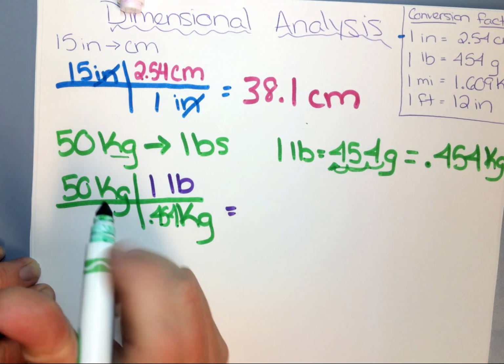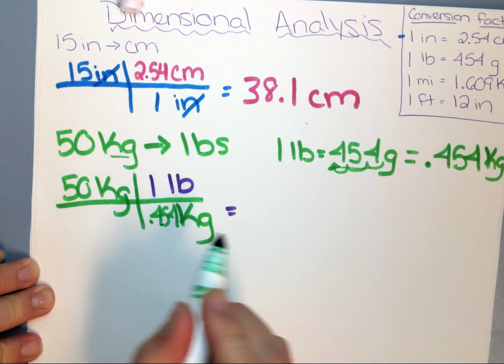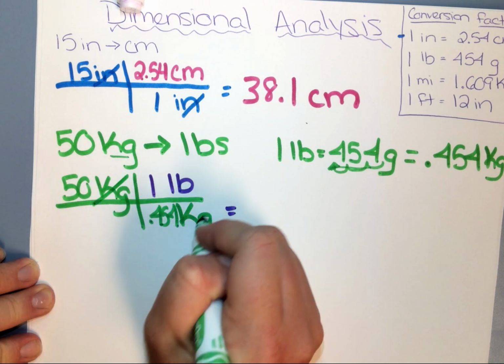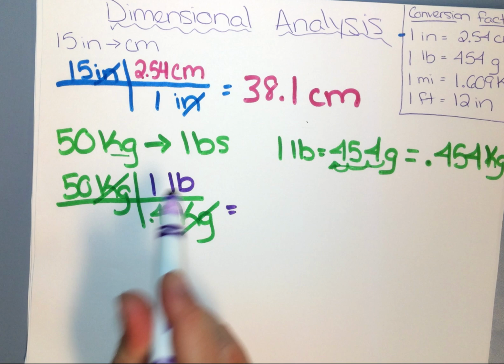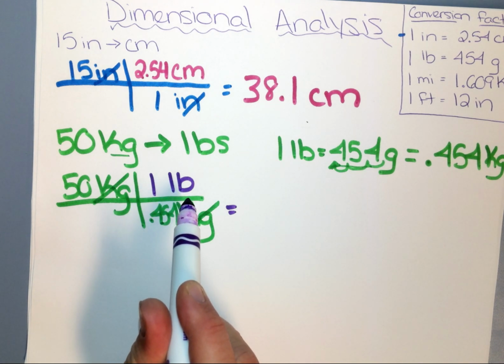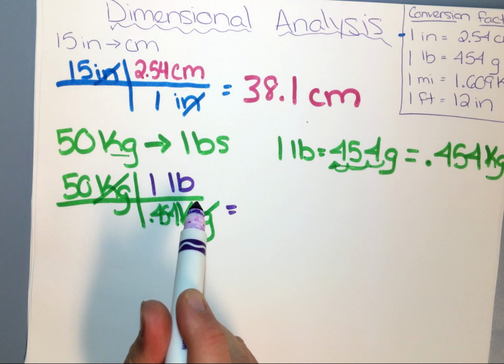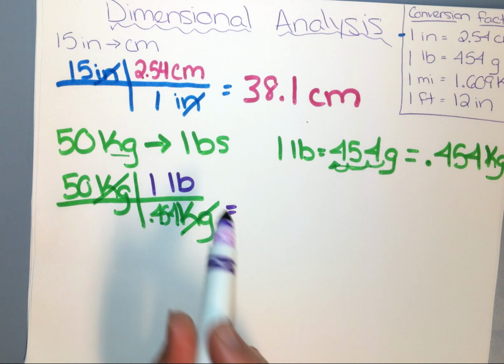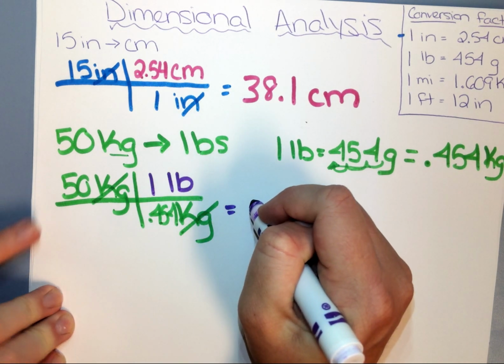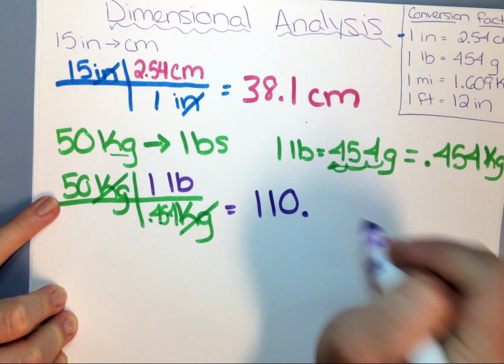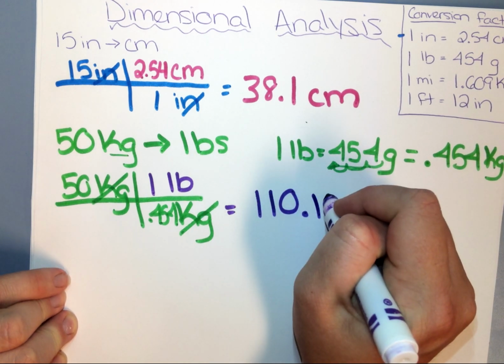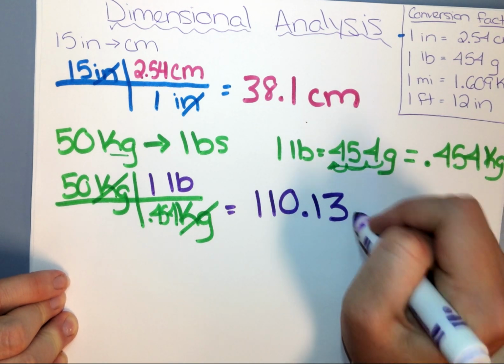If kilograms is on the top and kilograms is on the bottom, these cancel. So in this case, I'm going to do 50 times 1, which we know is just 50, divided by 0.454. And that tells me that 50 kilograms is equal to 110.13 pounds.